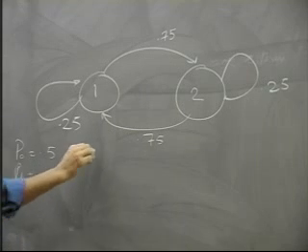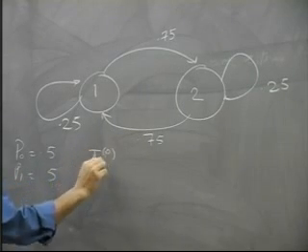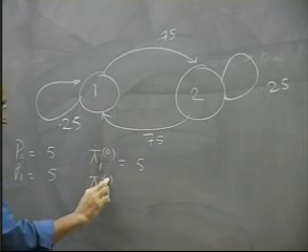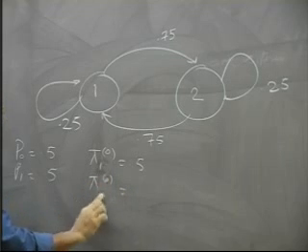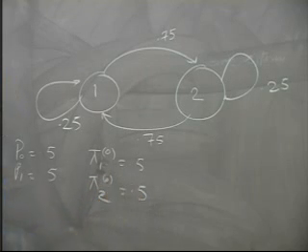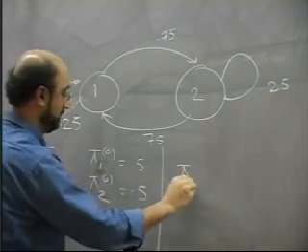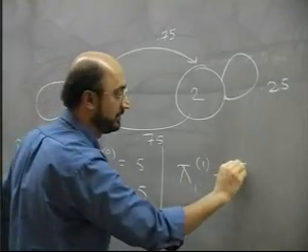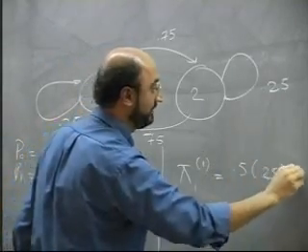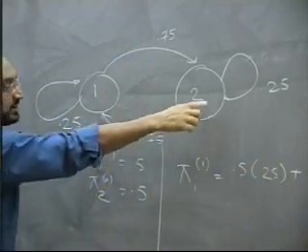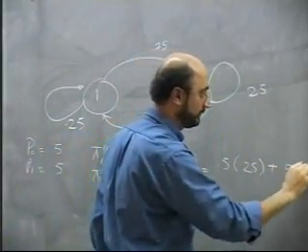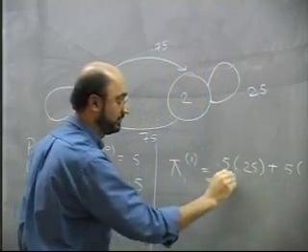Let's say that this is the case. Let's compute. So I have pi 1 0 equals 0.5, and pi 2 0 equals 0.5. So what is pi 1 1? Well, I'm going to stay in this state with 0.25, and I start with 0.5, so it's 0.5 times 0.25 plus, I'm going to come from here to here with 0.75, so that's 0.5 of being here times 0.75, and that's just 0.5.